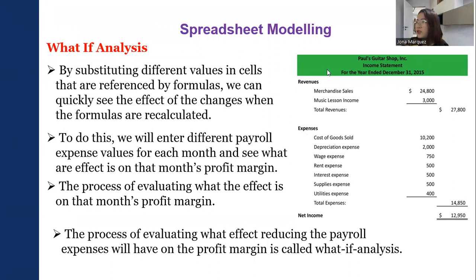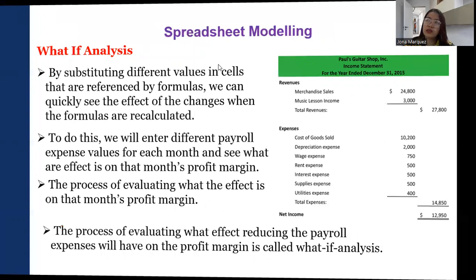Through this you can analyze the revenue. You can see the revenue it produced and the expenses it spent to produce that revenue. Now, you can do what-if. For example, for the rent expense, what if we move to a lower rent, how much will we earn? Everything is in formulas. Once you change a number here, your net income changes automatically. So that is how what-if analysis is used in spreadsheet modeling.